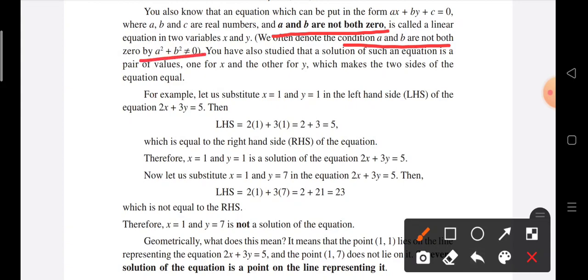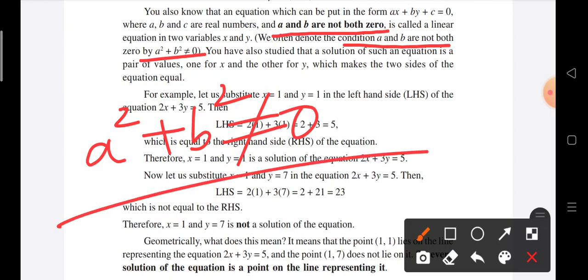That means at least one of them should be non-zero, and both can't be 0 simultaneously.